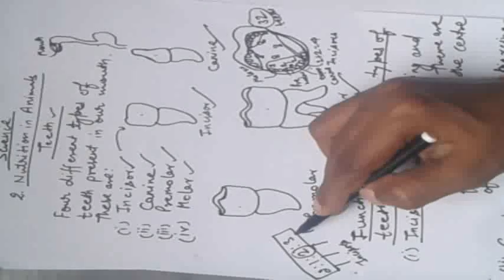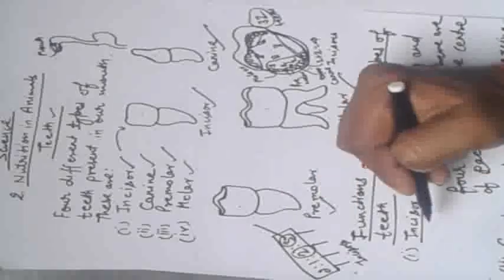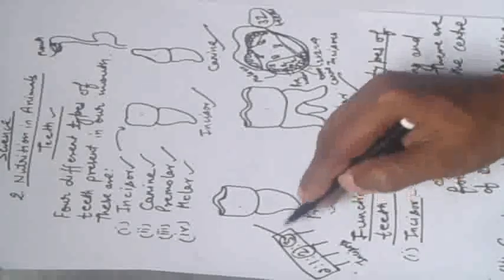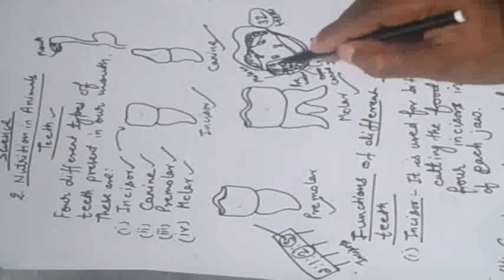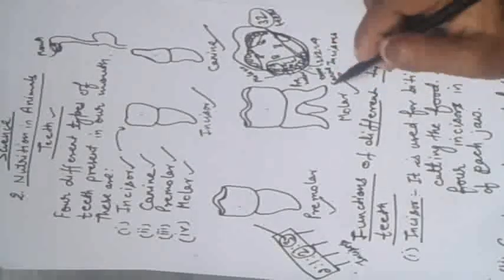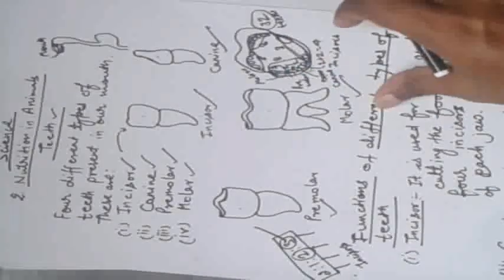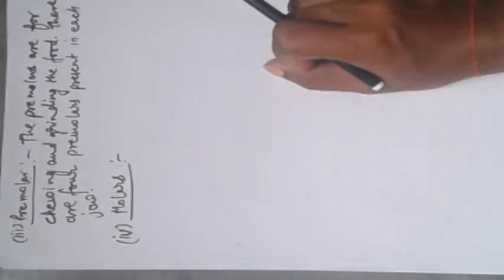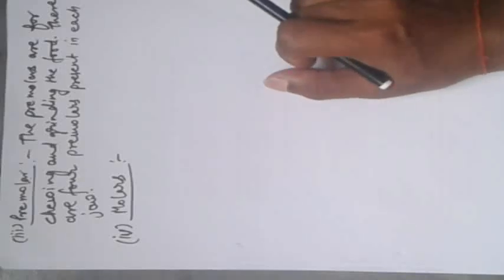The number of molars in half of the jaw is 3. So 3 plus 3, a total of 6 molars are present in each jaw of the mouth.